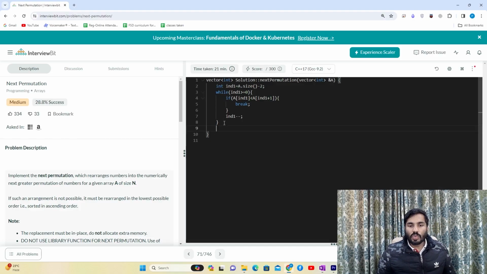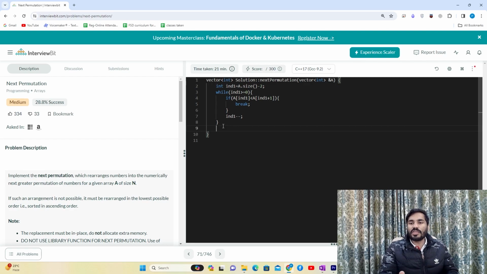Okay, so moving forward, now one corner case is if the entire array is already in the descending order. If it is already at the highest permutation, we have to return the lowest permutation. So how can we do that? We have to just reverse the entire thing. If it is in descending order, the lowest permutation is going to be in ascending order.